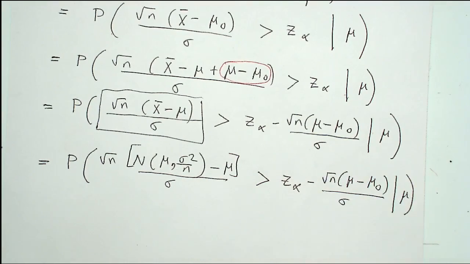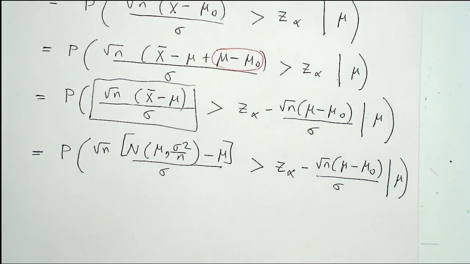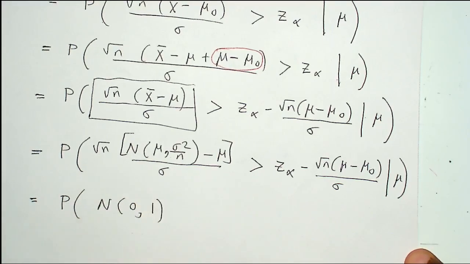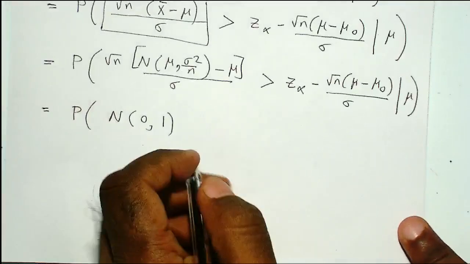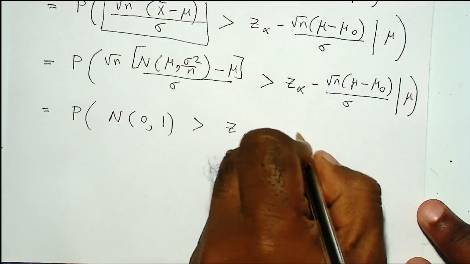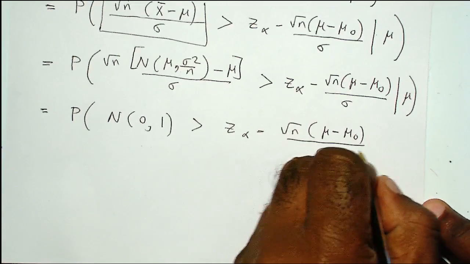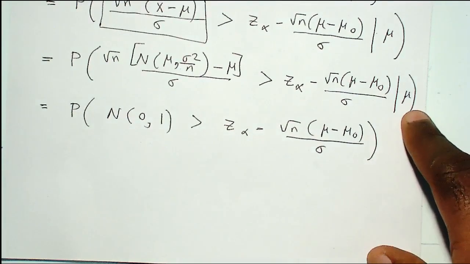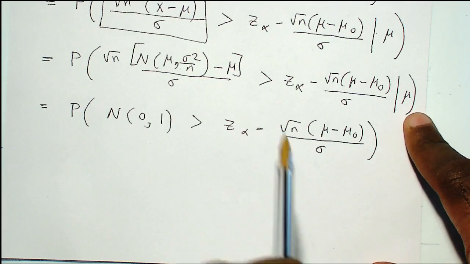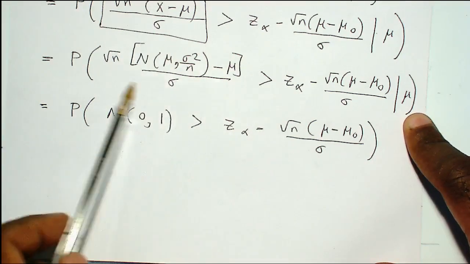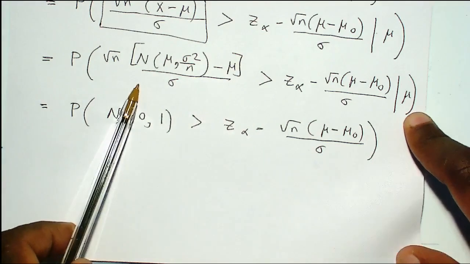Right? Now, if you subtract mu and multiply by this, you get the standard normal, as you said. So this will become the probability that a standard normal is greater than Z alpha minus... Now, you see here, I dropped the conditioning because the only place I have used the conditioning is over here, to argue that this has the standard normal distribution.